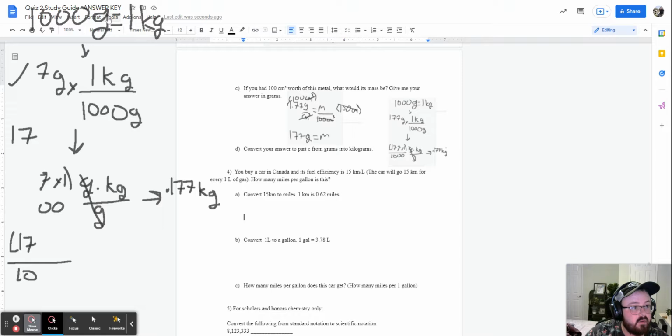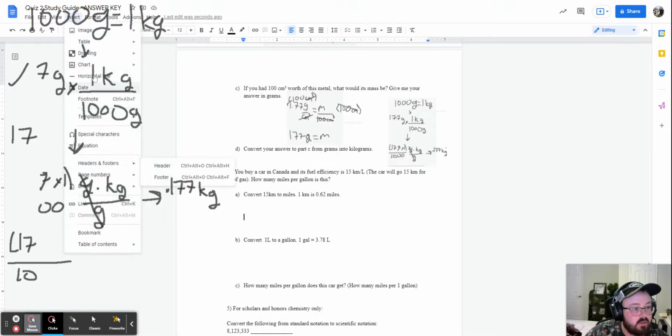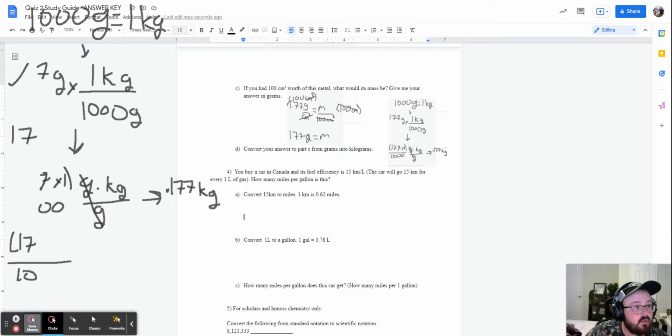I need to put an arrow. That's what I should put. This arrow here. There we go. Right, so you know that that's the answer to it.